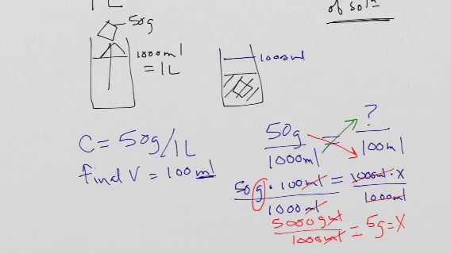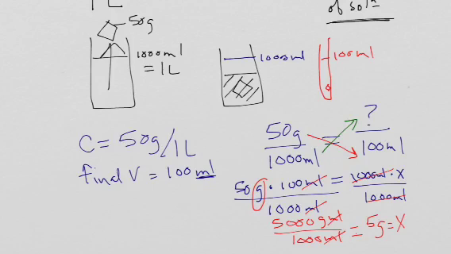So this means that if I'm going to make a much smaller amount here of my solution, I'm going to use a much smaller amount of powder, and I'm going to bring that up to my 100 milliliter final volume. And these two solutions should have, or they do have, the exact same concentration of 50 grams per liter, even though you haven't made a liter. Okay, they have the same ratio.